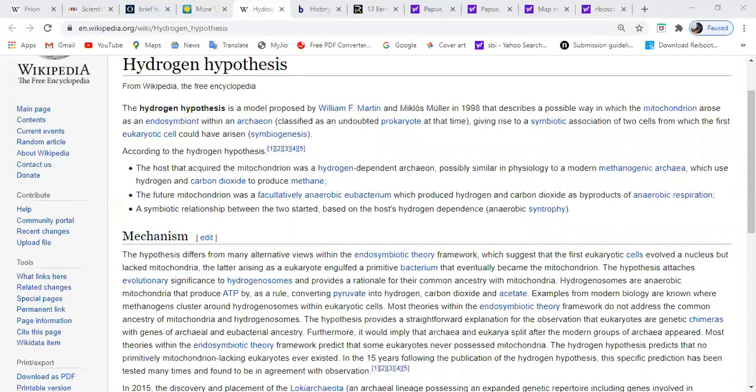So what will happen as an endosymbiont evolves into an organelle? Suppose some organisms start living inside some other organism, for example, in this case, eubacteria living inside a eukaryotic cell or inside an archaea.